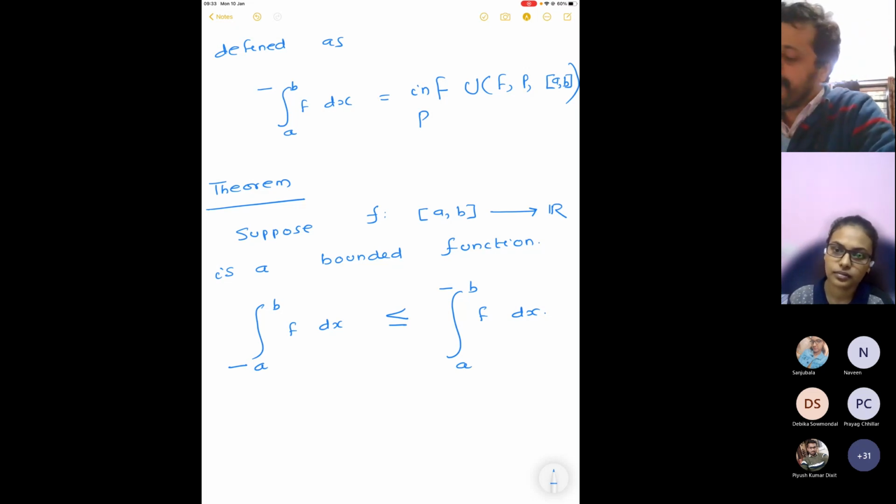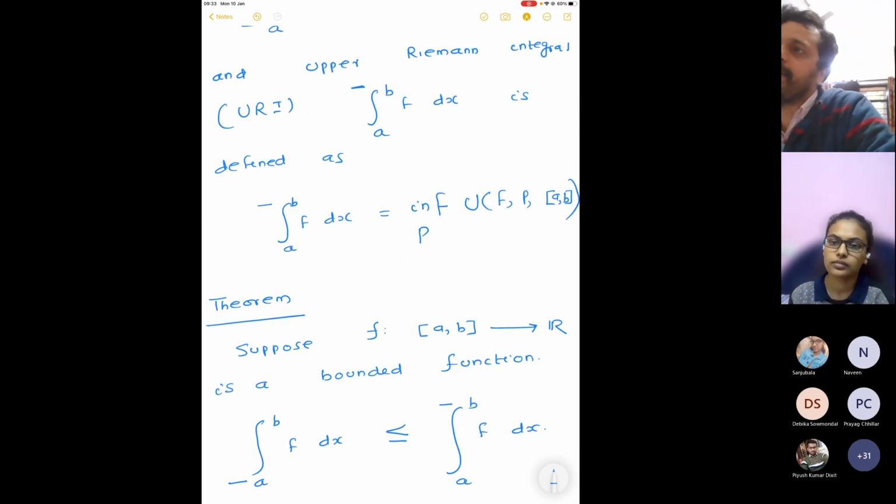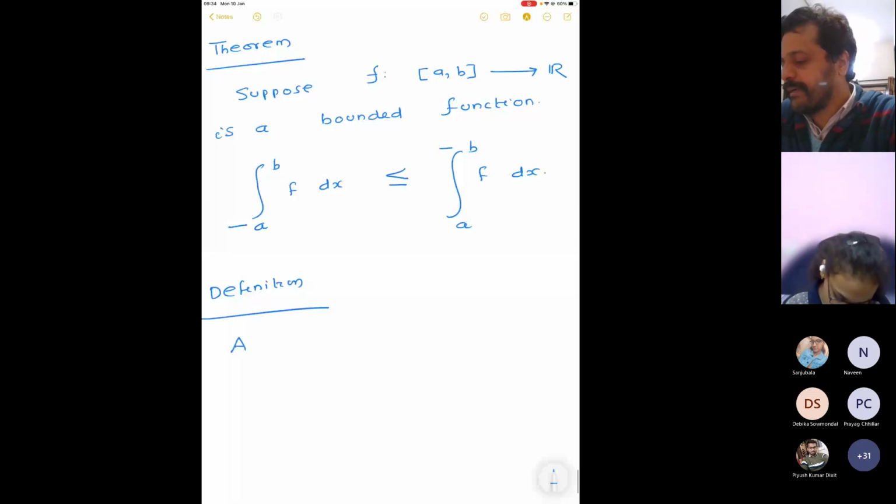So I repeat, both this lower and upper Riemann integral seem to be reasonably good approximations for the area under the curve. But instead of deciding which one we should choose, Riemann considered only those functions for which both coincide. Let me make the definition.